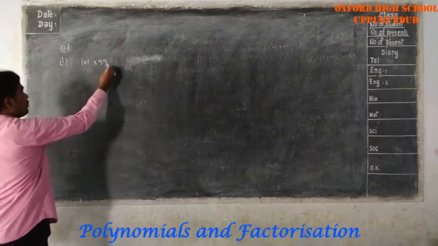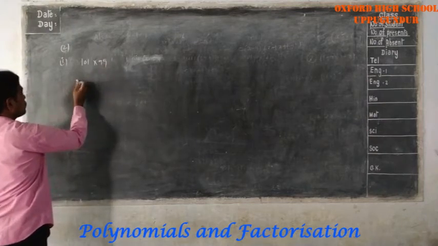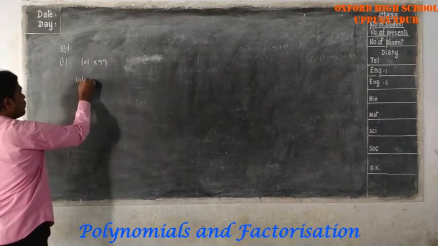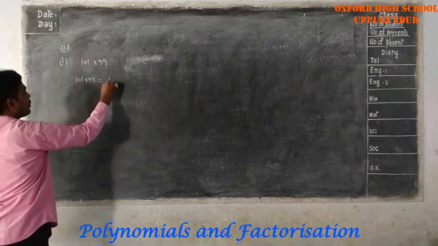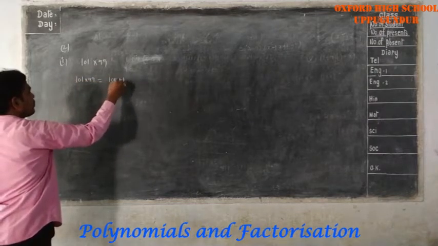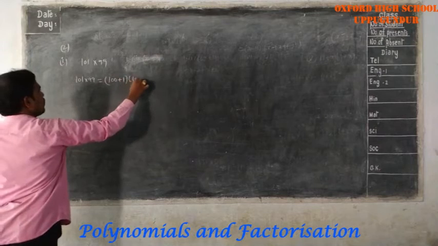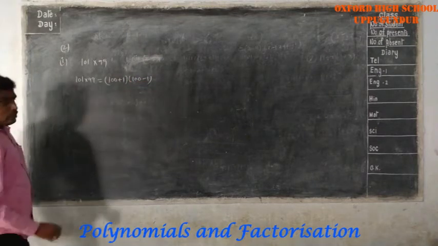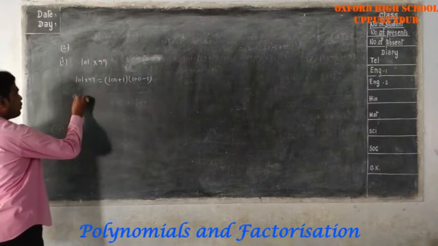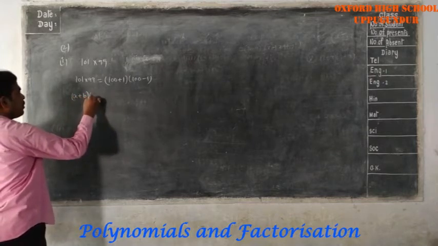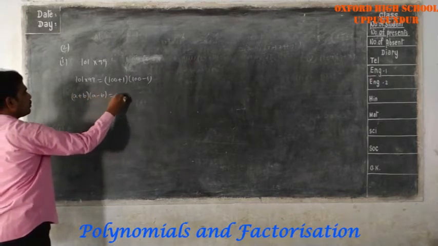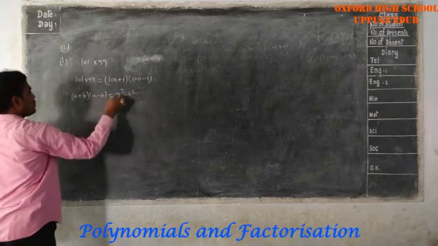See, 101 into 99, you can write as (100 plus 1) into (100 minus 1). You know the identity, (a plus b) of (a minus b) equal to a square minus b square.